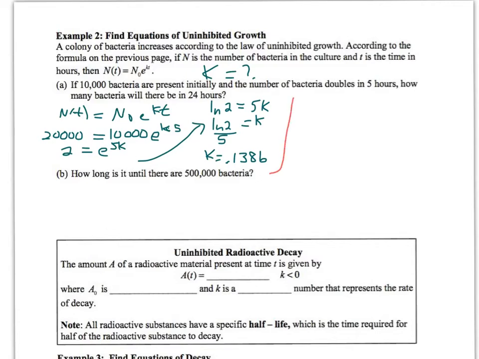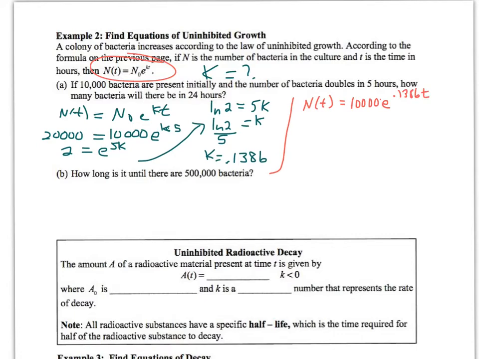So now we really haven't answered the question. We just now know our equation. We know now the number of bacteria starts at 10,000 e to the, but now we know what k is. So if I look at this formula up here, now I solved that k was 0.1386 times t.